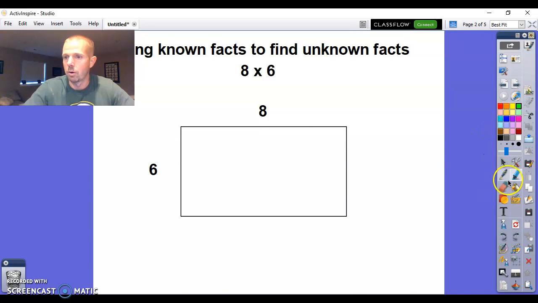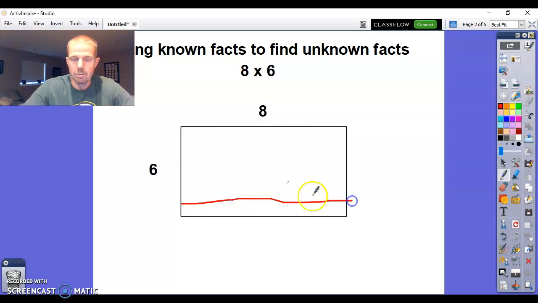The other thing we're going to be working on is using known facts to find unknown facts. So right now a lot of your students are struggling knowing their basic facts. The more you can practice those at home along with just the reading to self, the better off they're going to be. So in this case we have 8 and 6.